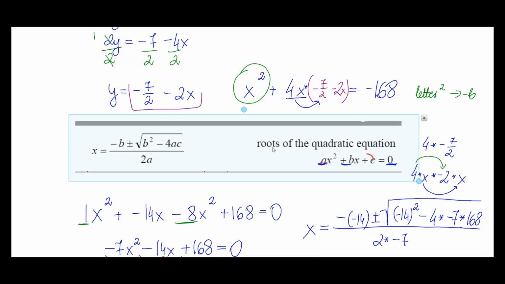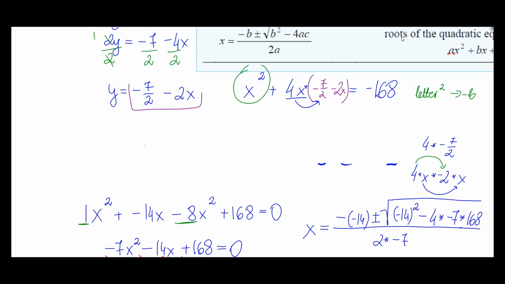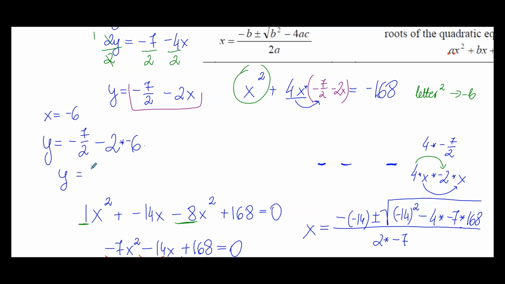So let's just move that for a minute here. So y therefore equals minus 7 over 2, and one value of x we had was minus 6, minus 2, and instead of x now we are saying multiplied by minus 6. We put that in our calculator, press equal, and we get 17 over 2.